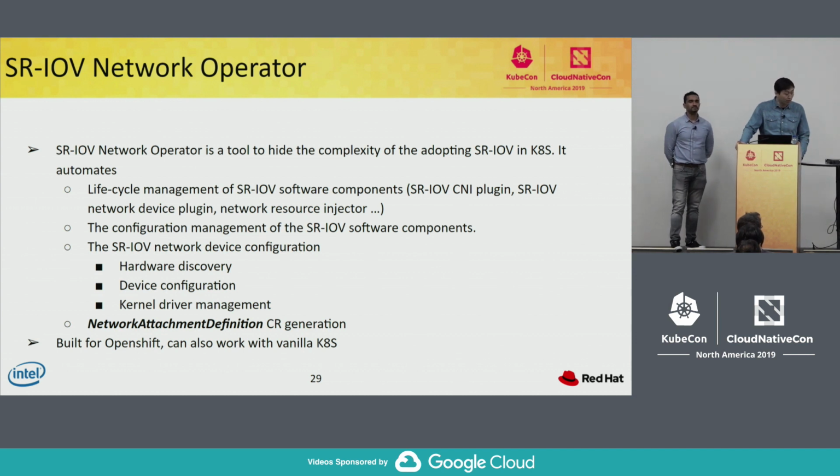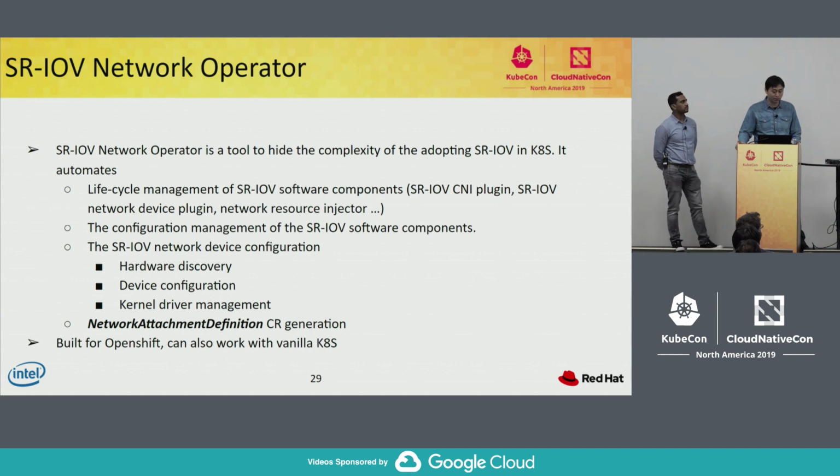It also manages the configuration of the SR-IOV software components. For example, it will generate the configuration file for the SR-IOV device plugin. And also, it configures the hardware in your worker node. SR-IOV is a hardware related feature, so you need to set up the hardware to enable that.